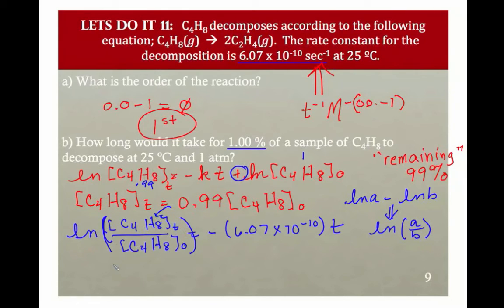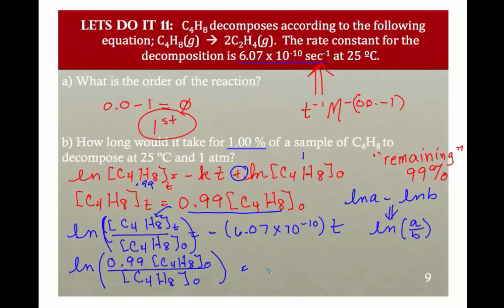So I'm going to substitute in my relationship here. So then I'm going to have natural log of 0.99 times C4H8 at time 0 now, because I'm plugging this in. Now, you can't do this with a second order or a zero order because they don't really cancel properly, but this does work with the first order because of the way the natural log functions play out in this mathematics.